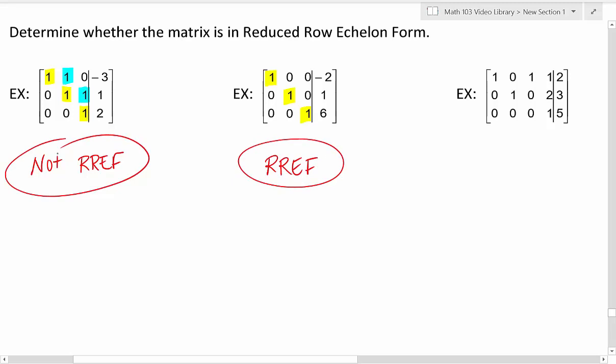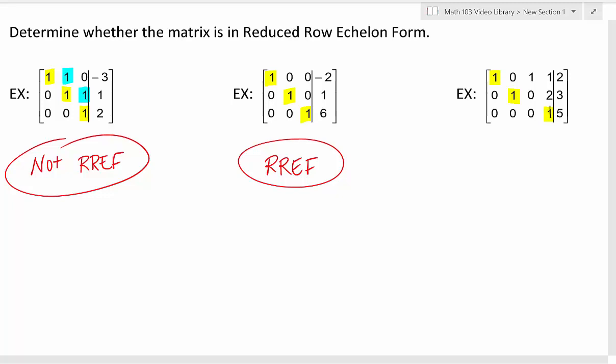Let's take a look at our last matrix. Characteristic 1 says if there's a zero row, it's at the bottom. Don't have one. Characteristic 2 says the first non-zero entry coming in from the left is a positive 1. Yep, those are our leading 1s. Characteristic 3 says the leading 1 in the row above is farther to the left.